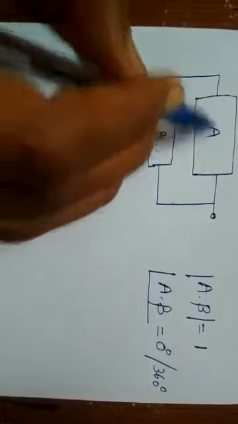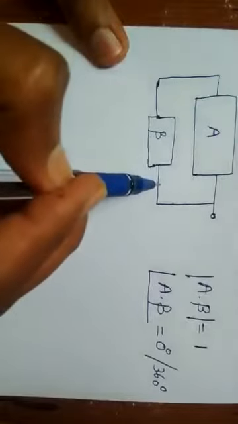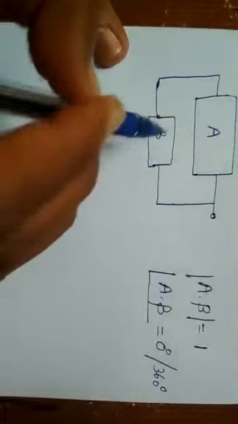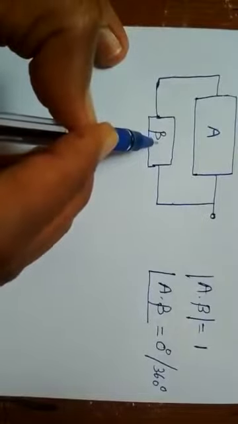By properly choosing the components, you can control the sustained oscillation, then this amplifier becomes an oscillator.